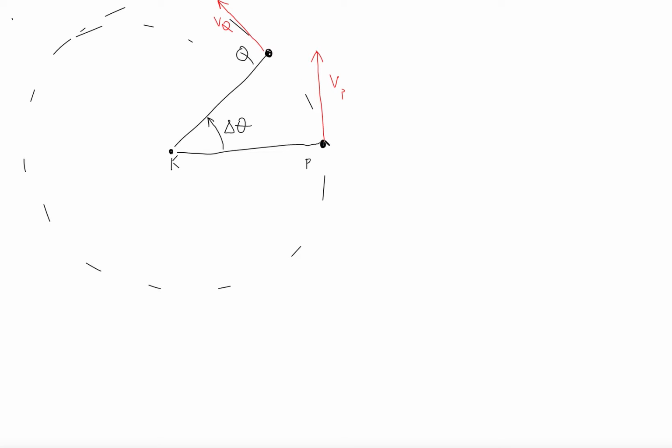So the change in velocity vector is, if we shift Vq over here, it's going to be this vector here.